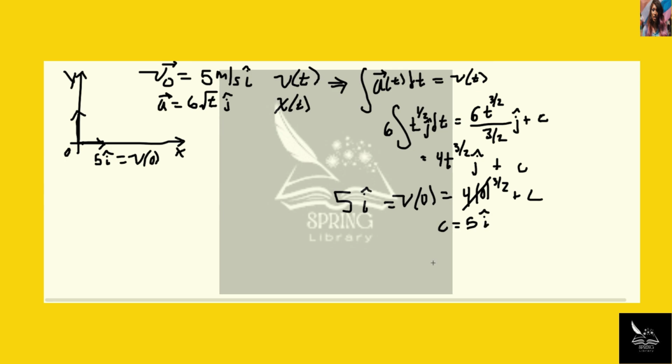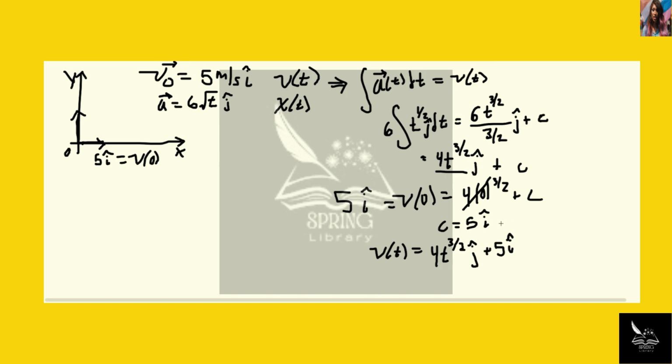All right. So our velocity expression then can be written as v of t equals, take this guy here, our 4 t to the 3/2. But now for the c, you're not going to write c. We actually have what that's equal to. Oh, and make sure you keep your unit vectors here. Very important. And put the c, which is 5 i, plus 5 i.